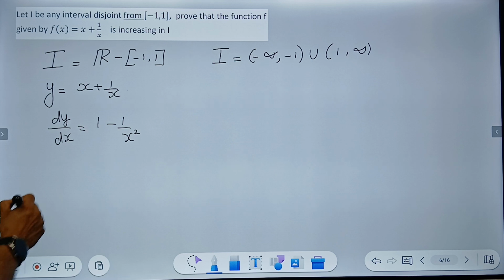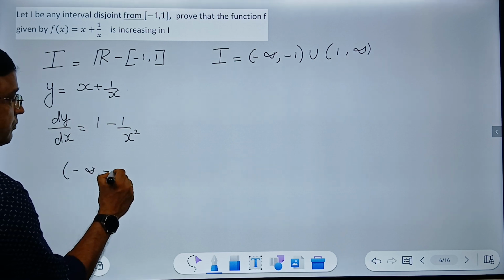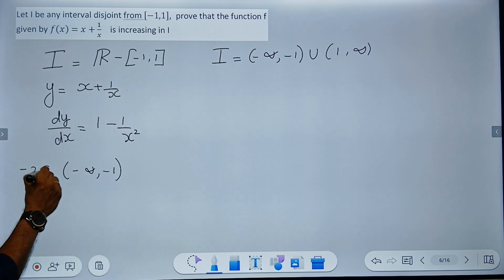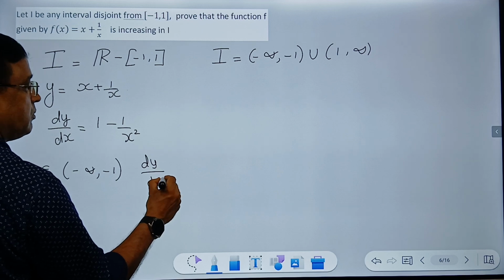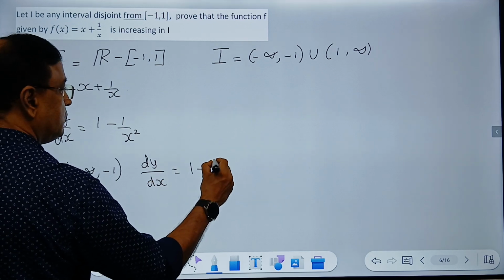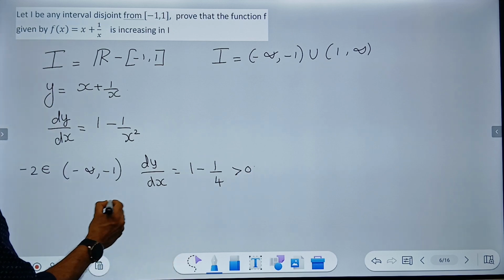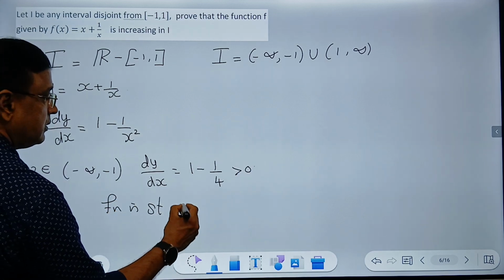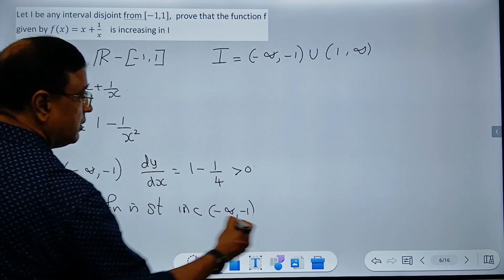Now I choose a number between minus infinity and minus 1, say minus 2, and I substitute here. So dy by dx is equal to 1 minus 1 by 4, which is obviously positive. So the function is strictly increasing in minus infinity comma minus 1.